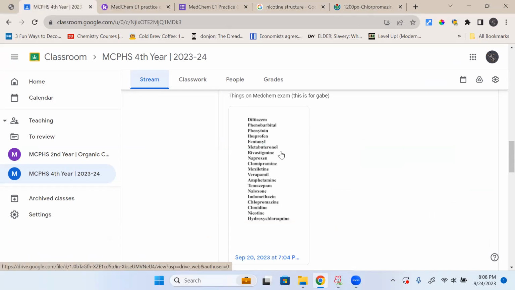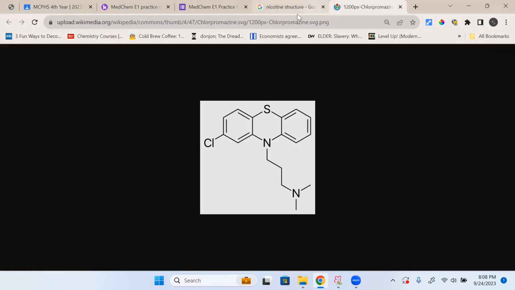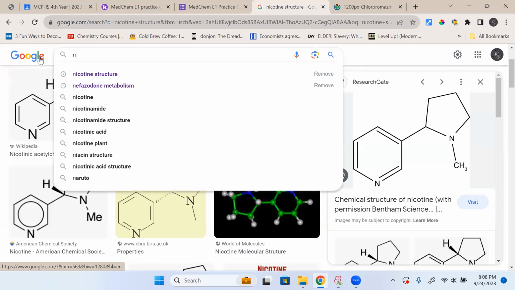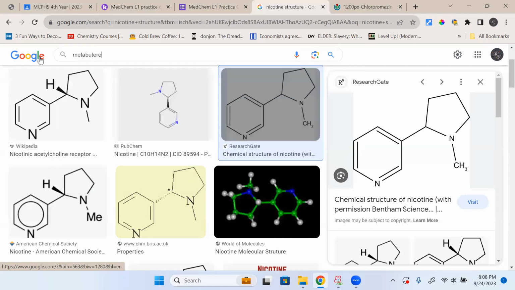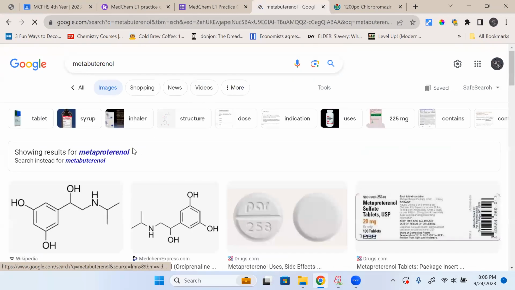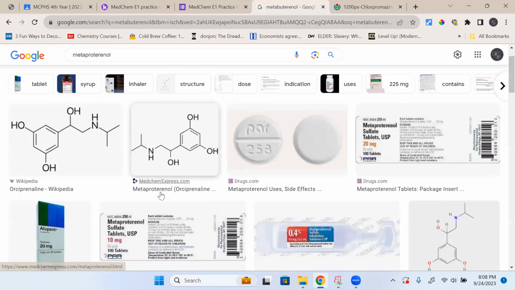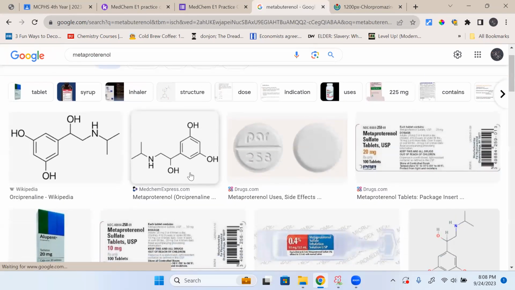Ooh, metabuterenol. Correct that. It's supposed to be metaproterenol. Okay. All right.